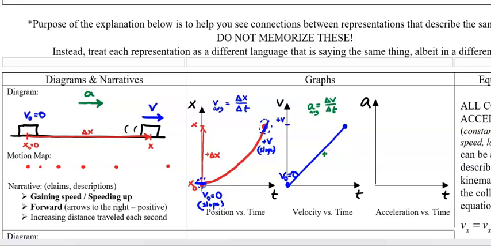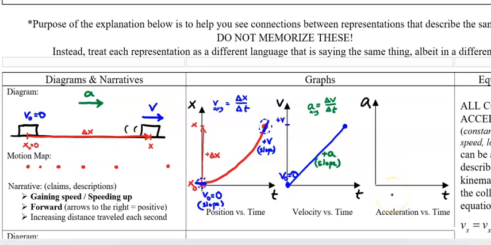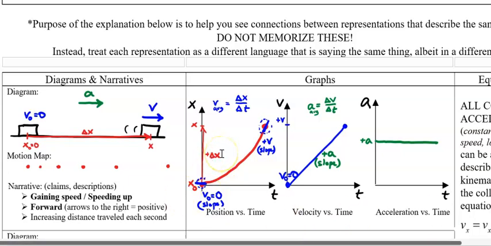And so that means we're going to have a positive slope that represents a positive constant acceleration over this whole time. That means I can plot that positive acceleration value as a constant over the entire time. So you can see here that they are saying the same thing, albeit in different ways.